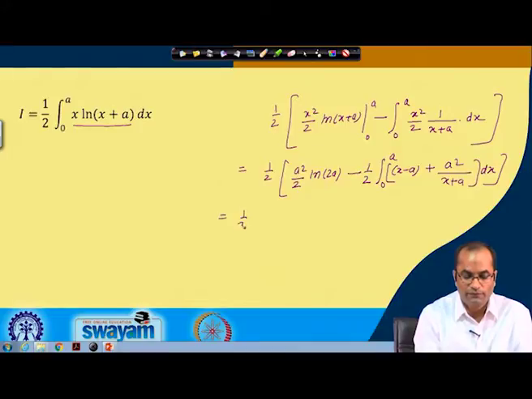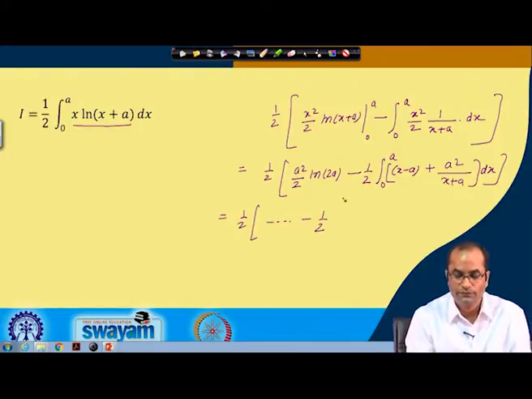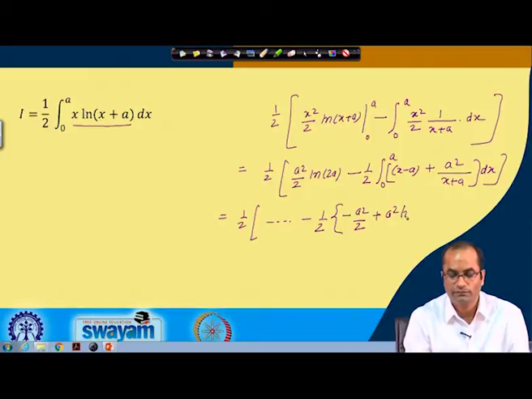So, we have half this first term, then minus this half, and then we can integrate this now. So, (x minus a) square by 2, and the upper limit will give 0 and the lower limit will give minus a square by 2. So, here we have the a square, and this will be ln(x plus a), and the limit from 0 to a for this part.